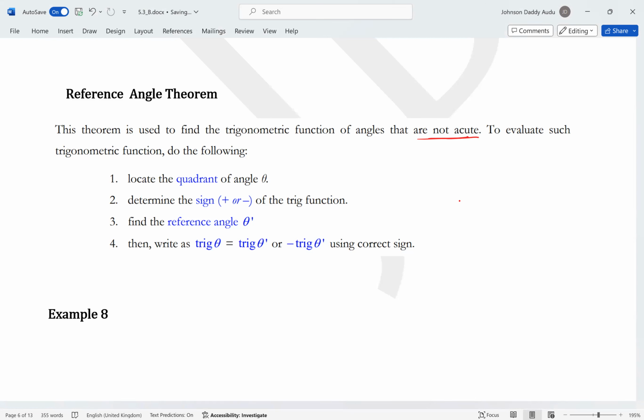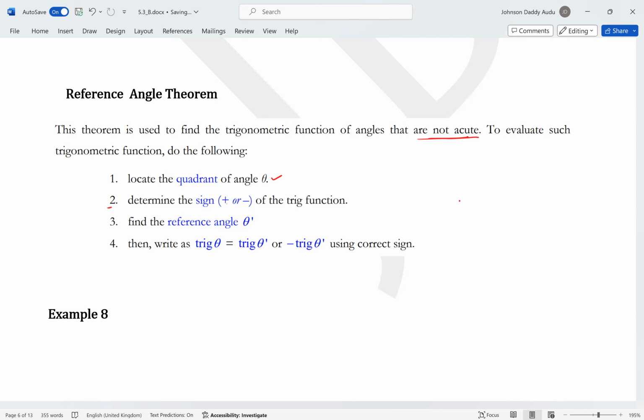Then you determine whether the trigonometric function is positive or negative, because if we know the quadrant, we will know the sign. That's what we mean by determining the sign of the trig function. It could be any of the 6 trig functions we discussed: the sine, the cosine, tan, sec, cotan, and also cosec.